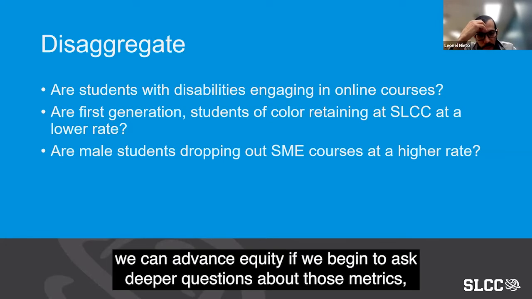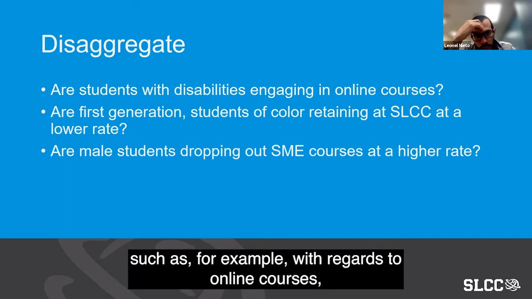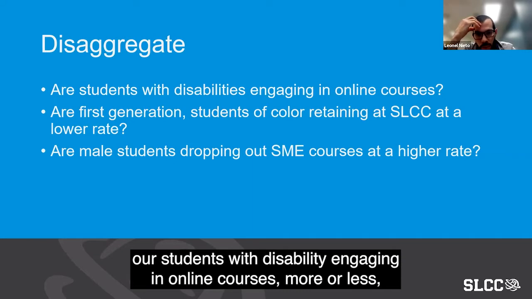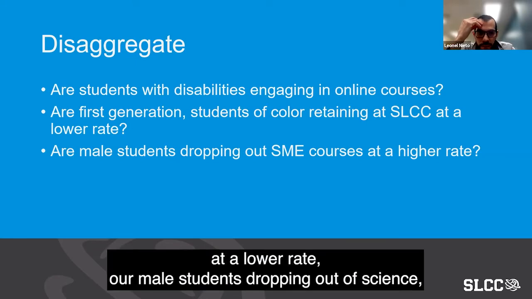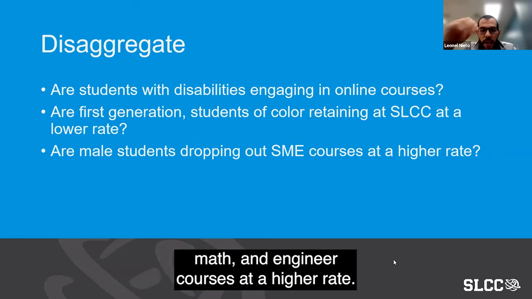we can advance equity if we begin to ask deeper questions about those metrics, such as, with regards to online courses, are students with disability engaging in online courses more or less? Are first-generation students of color retaining at Sully Community College at a lower rate? Are male students dropping out of science, math, and engineering courses at a higher rate?